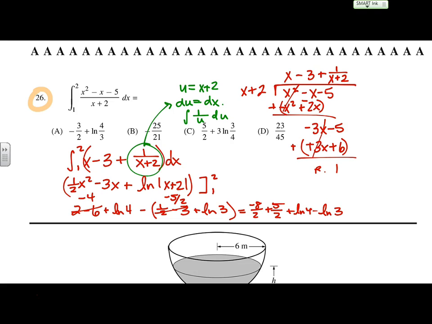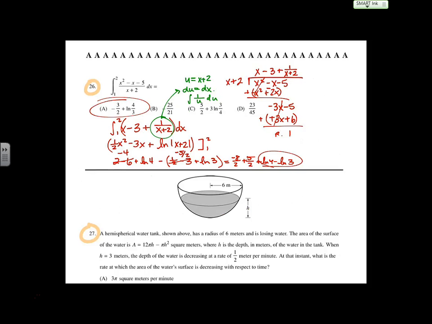Sad thing is you have to remember the logarithmic rule. What happens when I have two logs being subtracted? I need to divide. So it's going to be ln of 4/3. If you didn't remember to divide the logs, that thing would have been impossible.